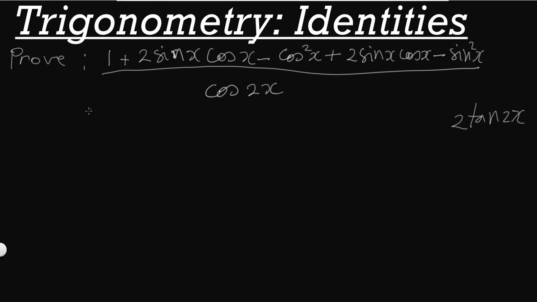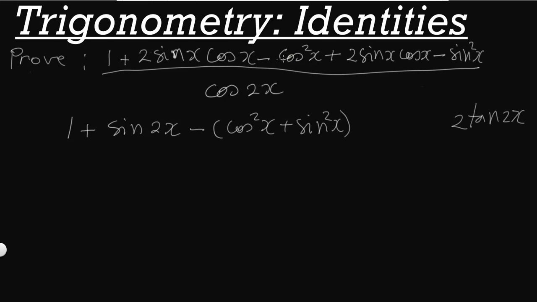Up here we have a 1, but remember the identity: 2 sin cos gives you sin 2x. If we find a common factor, we'll have cos squared x plus sin squared x.